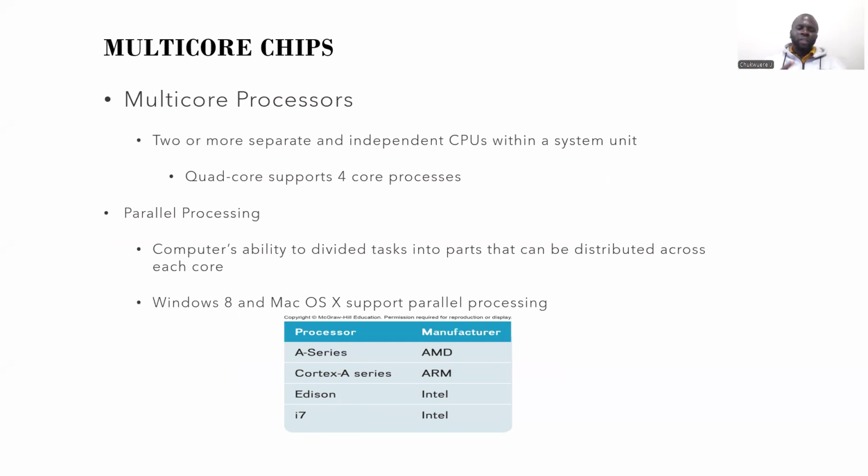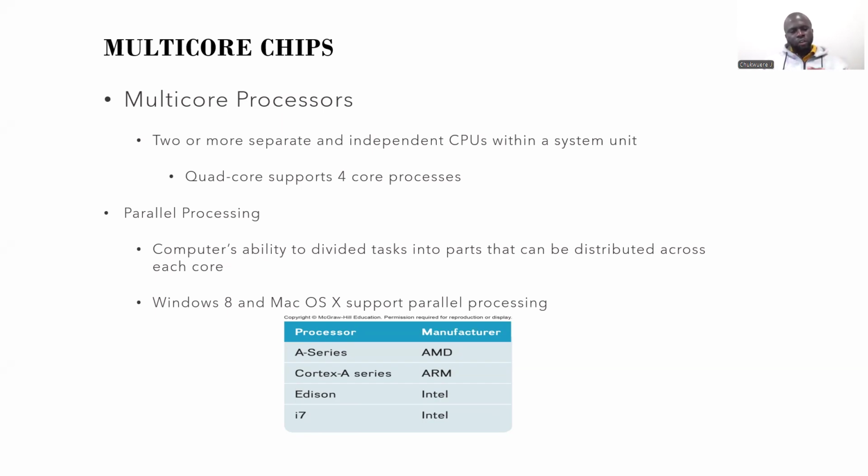That is because it has the power to have more than one separate independent CPU, which also provides that very capability for a computer to function more effectively, even faster than any other computer. We have parallel processing, the computer's ability to divide tasks into parts, into segments, that can help you to distribute across each core.